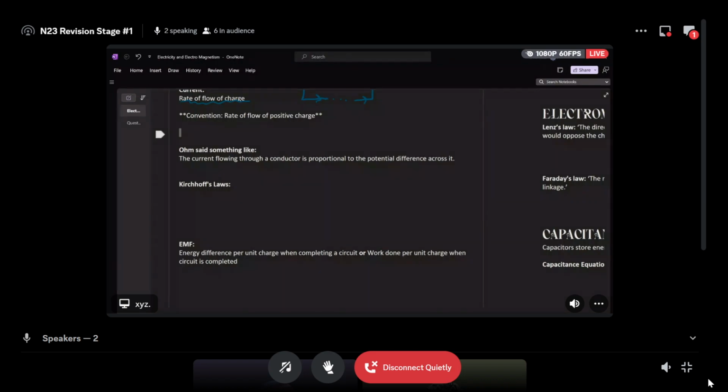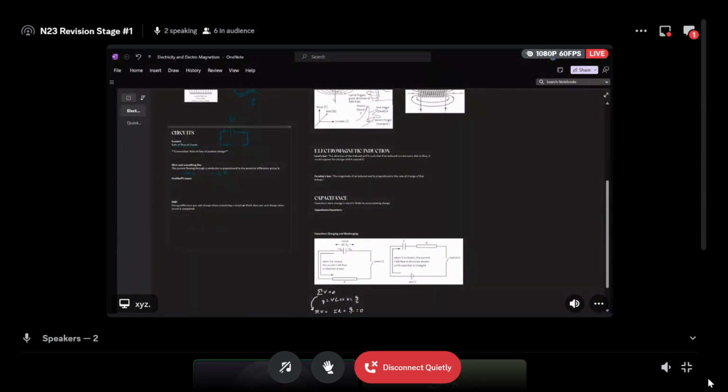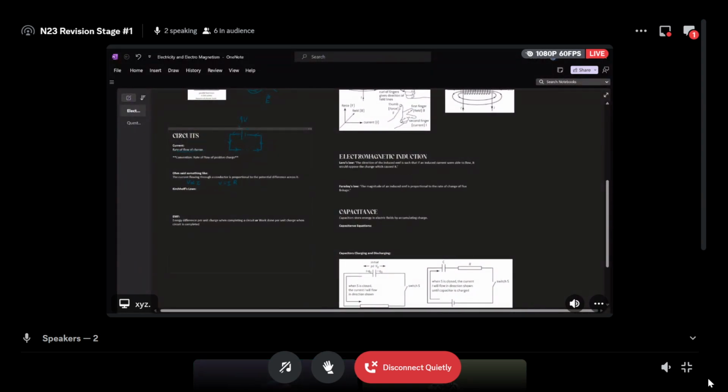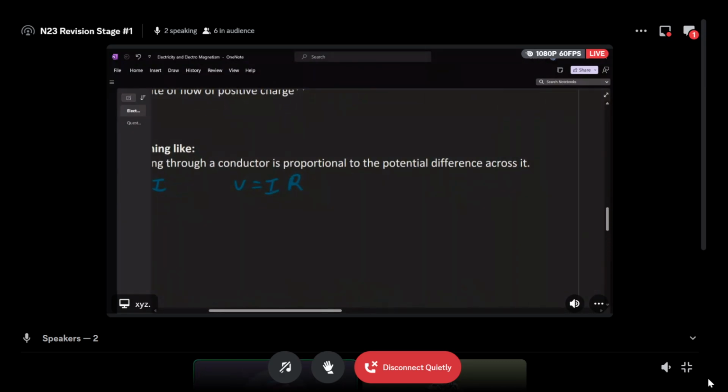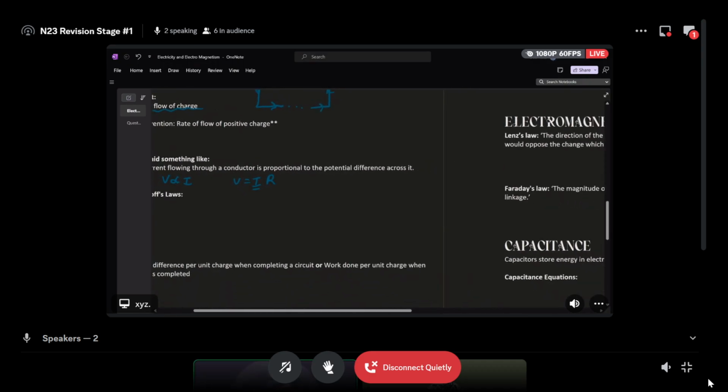And what that looks like is that V is proportional to I, and that introduced some new thing that we call resistance, which is a measure of how a conductor allows electrons to flow through it. Higher resistance means that the flow rate of electrons, i.e. the current, must be lower.